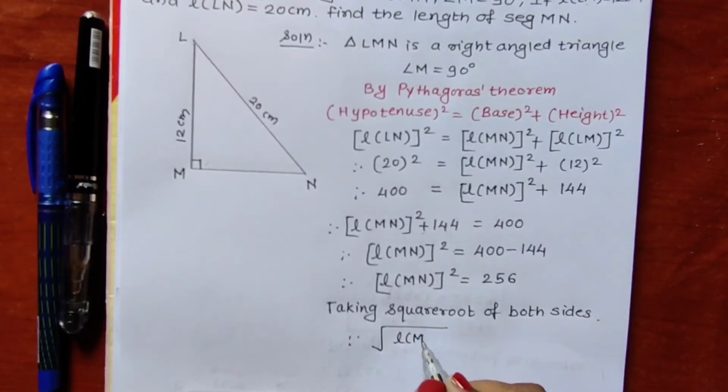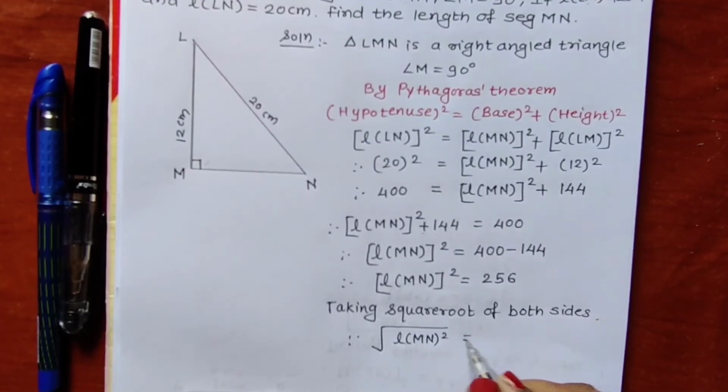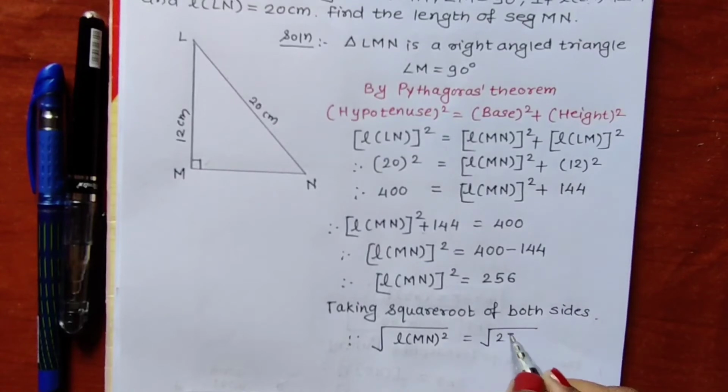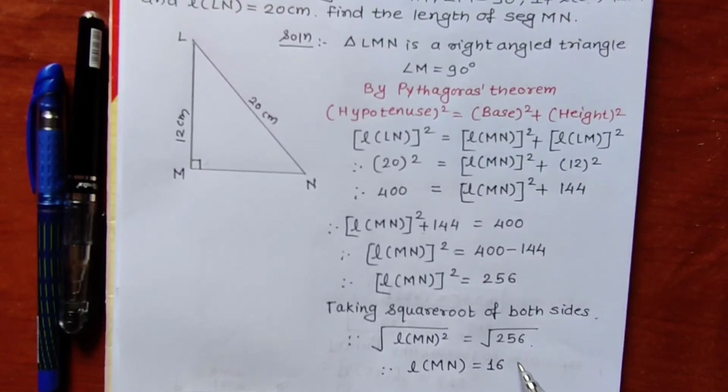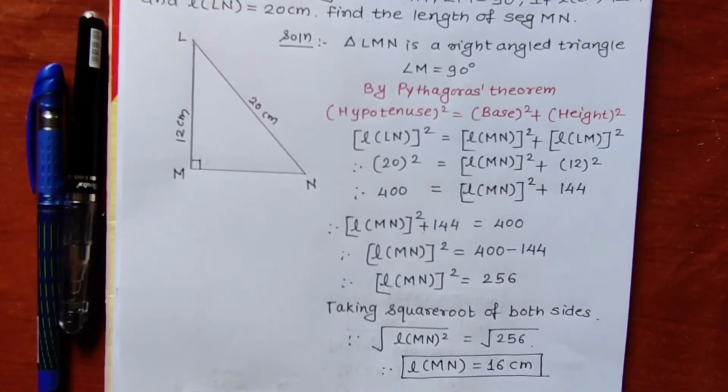Length MN square is equal to under square root 256. Now MN square and square root cancel each other. We will be getting only length MN, and 256 is square of 16. We all know 16 centimeter. So in this way length MN we have got 16 centimeter.